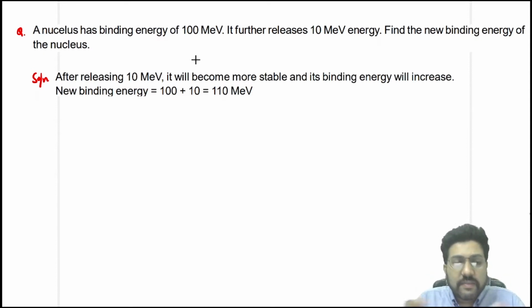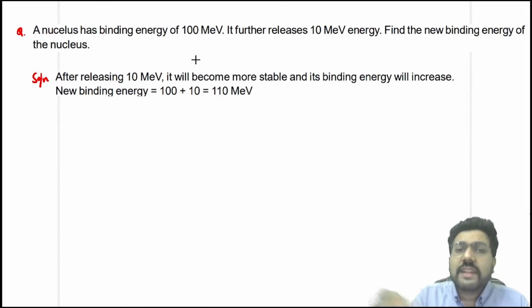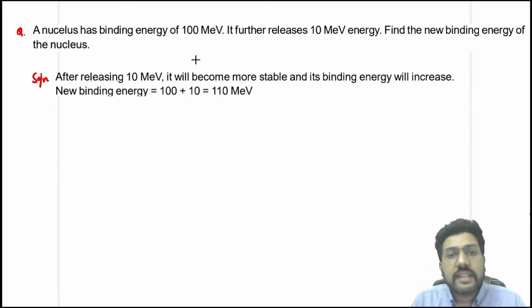That means whenever the nucleus is formed, 100 mega electron volt energy is released. Now if it further releases 10 mega electron volt of energy, that means it has now become more stable. So the new binding energy will become 110 mega electron volt. Why? Because it will now release 110 mega electron volt. It will become more stable. Okay, so the answer will be 110 mega electron volt.